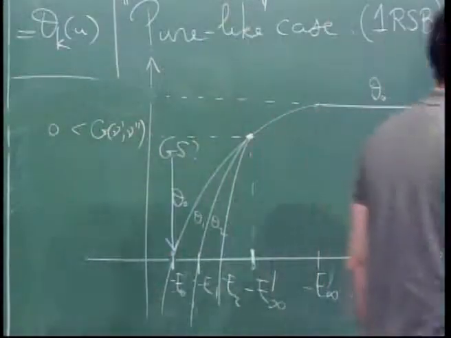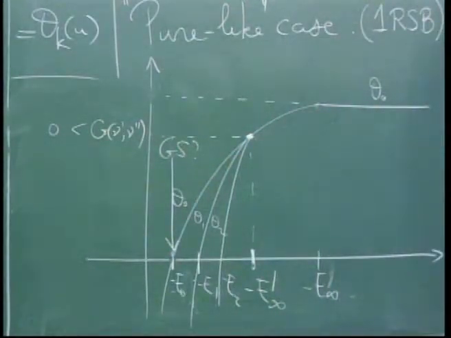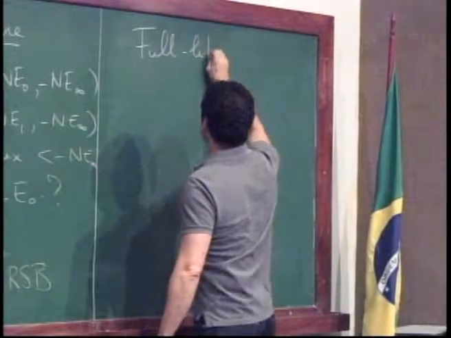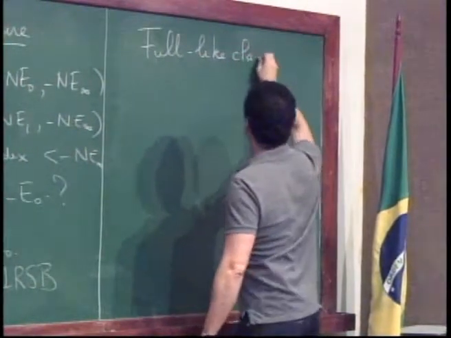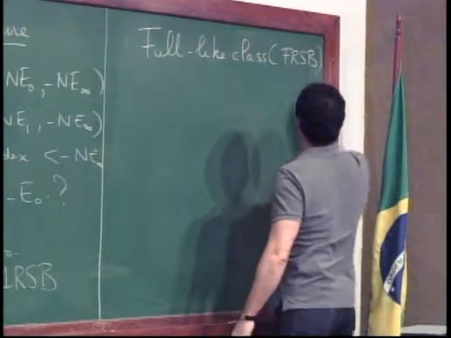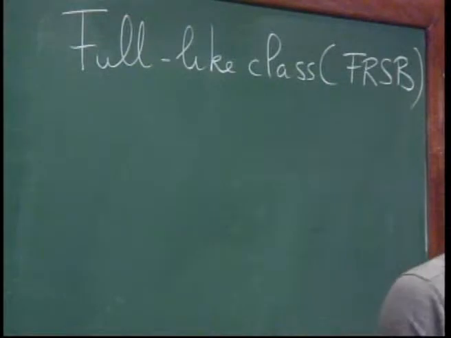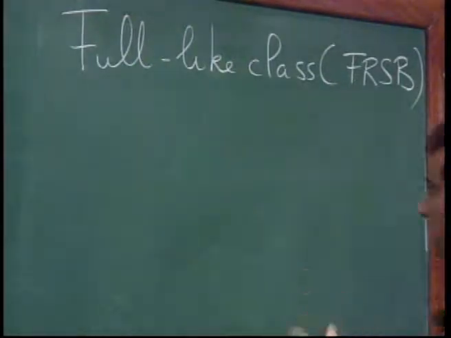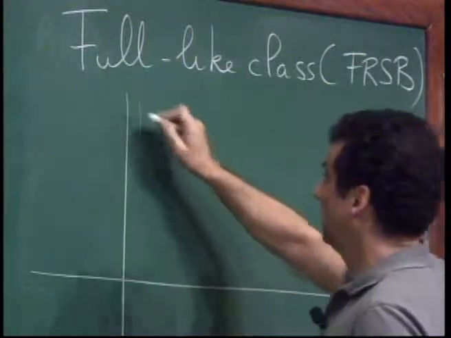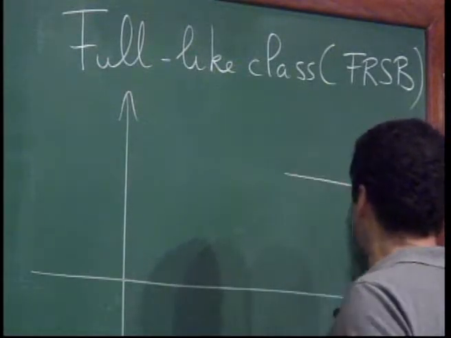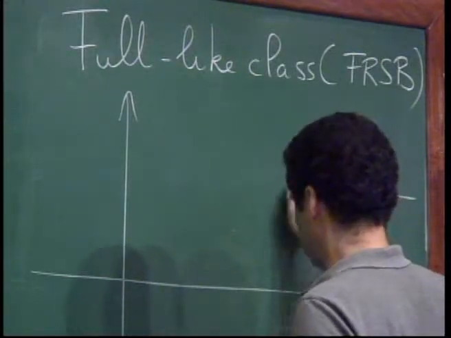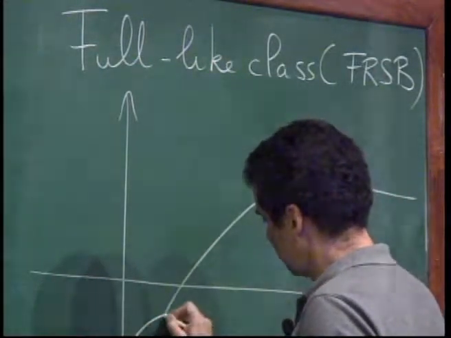Now there's a second class, which we call the full-like class. And we believe that this corresponds at low temperature to full replica symmetry breaking. But we don't know that. So the picture of complexity is different now. It looks very similar, but it's like this. And then this.